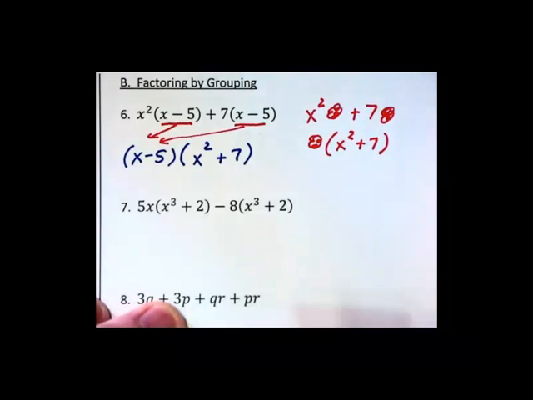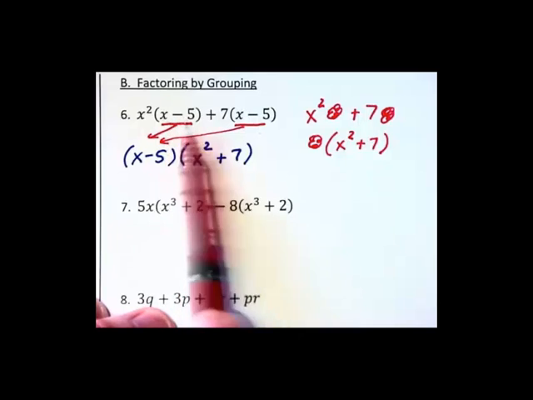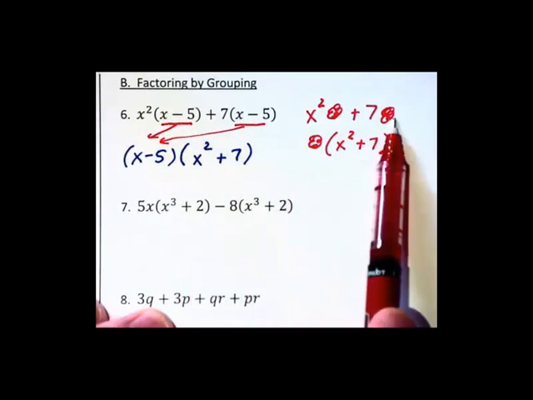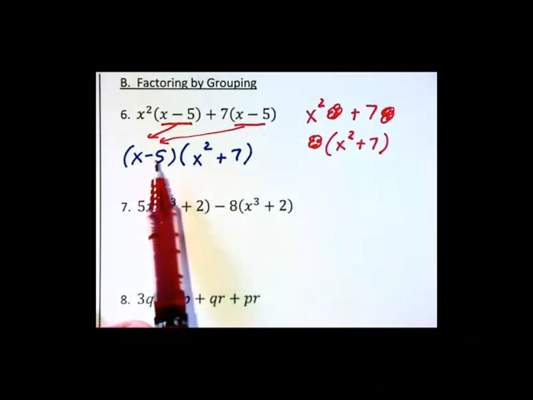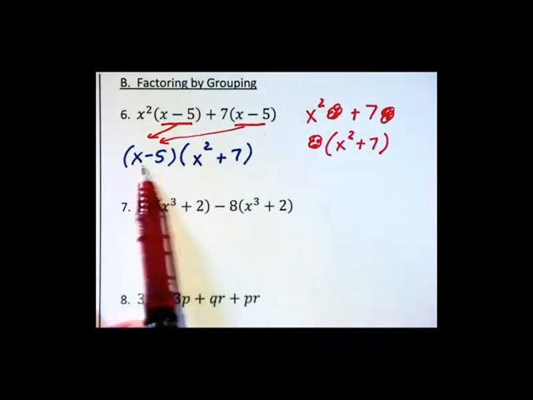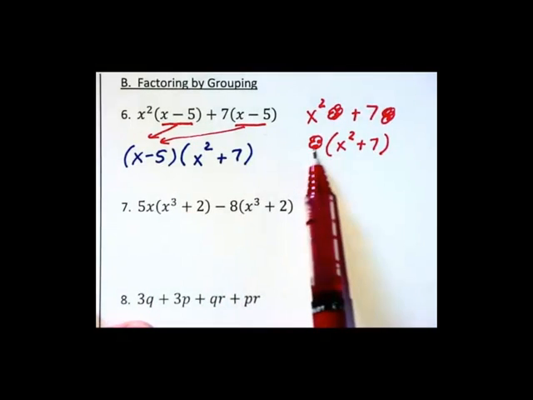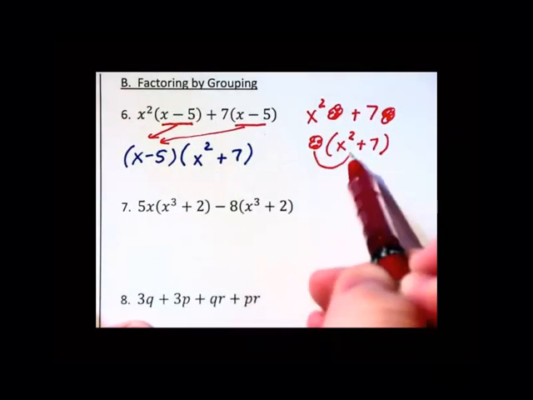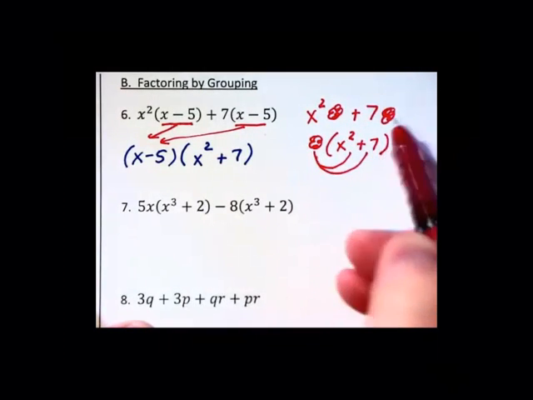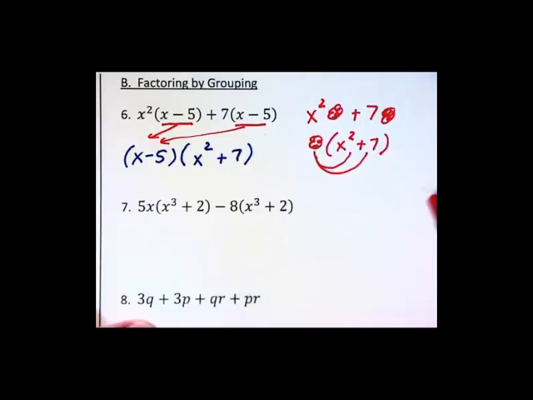Now, just rearrange this in your head and notice that the x minus 5 is the blob, and it's that x minus 5 that's written out front. Notice it's just written out once. It's not x minus 5 squared out front, just x minus 5. Over here, we only have a single blob out front, and we can check that blob times x squared and blob times 7 creates the line above. So this is how we handle the grouping method.